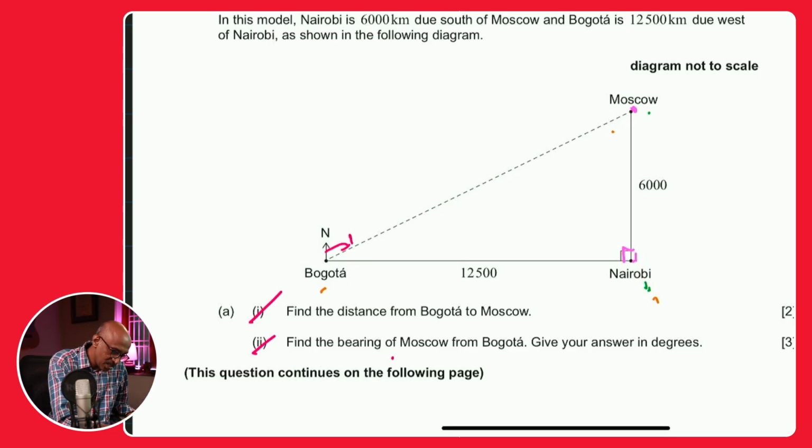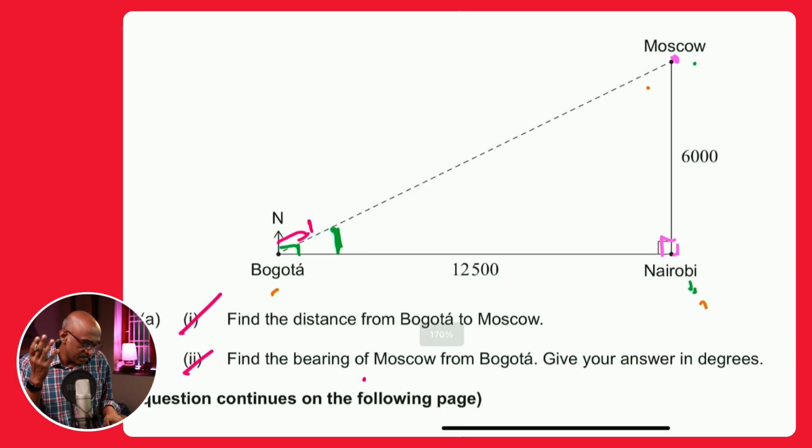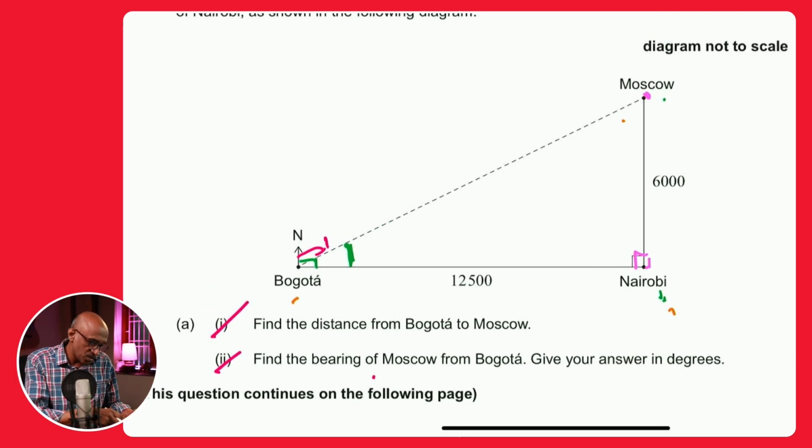Clearly that angle is 90 degrees minus the angle inside the triangle, which we can find using tan inverse of the two values given here. Once you find the angle inside, 90 minus that gives you the bearing. So actually question 1 is done.